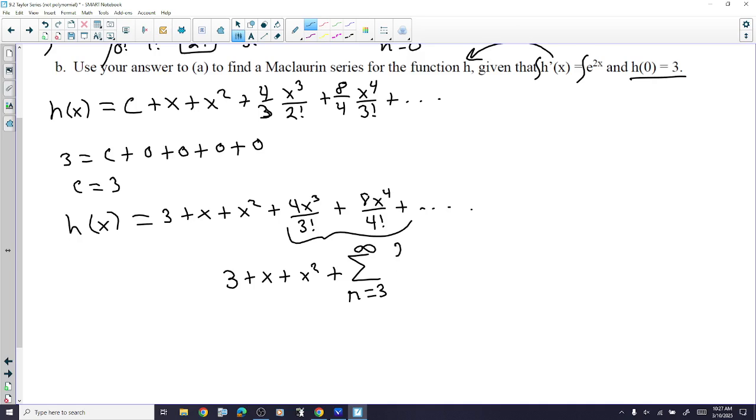So how about 2 to the n minus 1, x to the n over n factorial. There we go. I like this one because it shows that you write the sigma where the pattern actually starts, and you can just add on the others. That's okay to do that. It doesn't seem right, but it's fine. No problem.